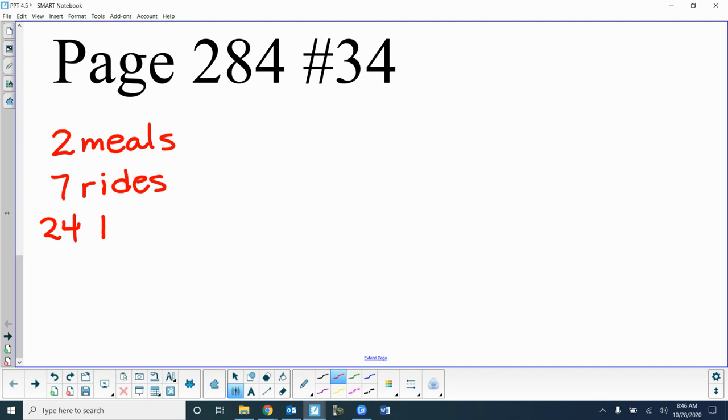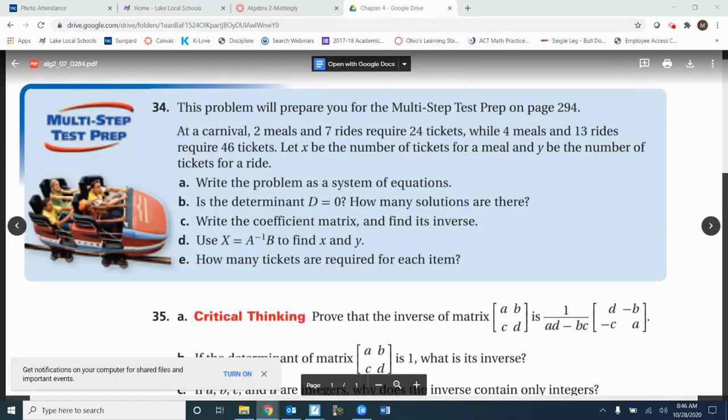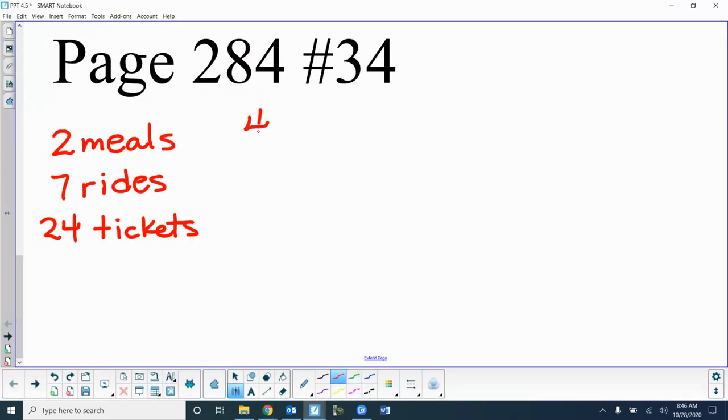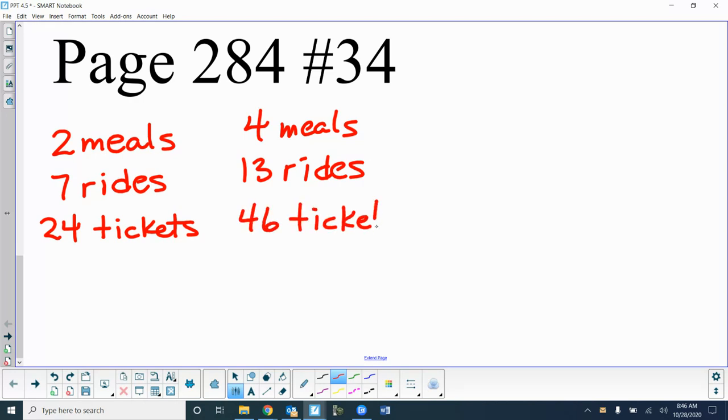It was 24 tickets, right? 4 meals, 13 rides, 46 tickets. All right, so who can give me 2 equations?